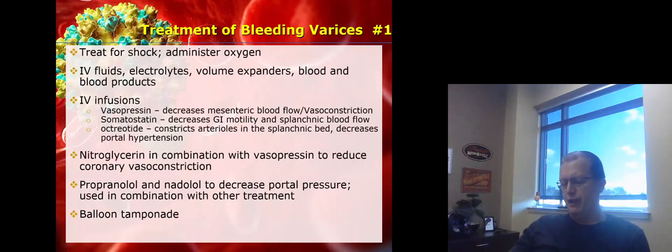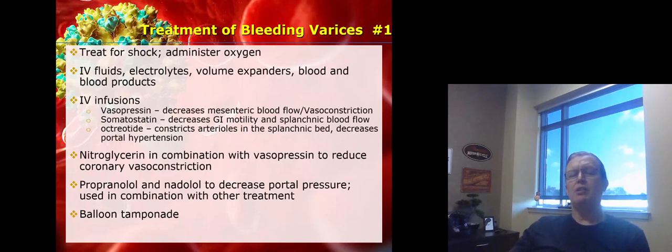If the bleeding is severe enough and something aggressive needs to be done, but we need a temporary intervention to help stave off an acute event, then you may see balloon tamponade. I've not been involved with a gastrointestinal bleed from a varix where we've actually tamponaded in order to get to the next treatment.